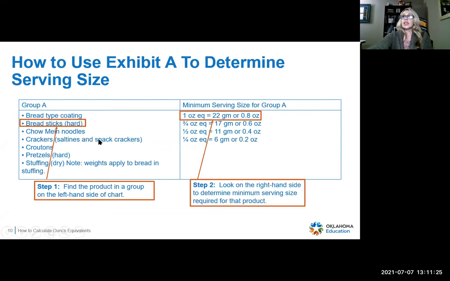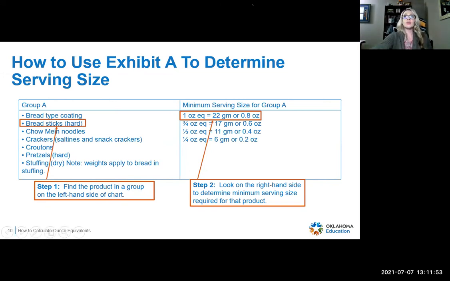So as you can see here, let's just take a look at this breadstick. For a breadstick, a 1 ounce equivalent equals 22 grams or 0.8 ounces. Before, if you look at your old grain chart, it used to say, I think, 20 grams and 0.7 ounces was the old way, but now we use ounce equivalent.